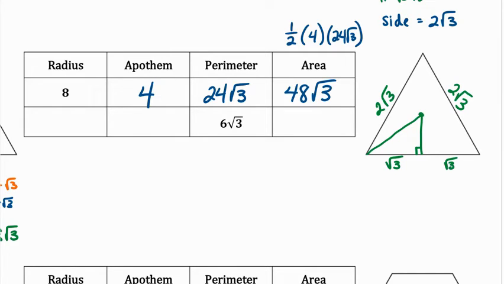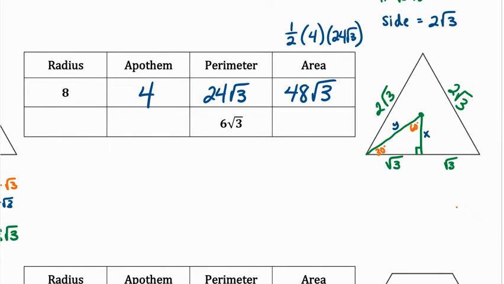So we know each of those is radical 3. And then I'm looking for my x and y, right? We can label those. Again, we know this is a 30 and this is a 60. So we're splitting that equilateral triangle angle in half.